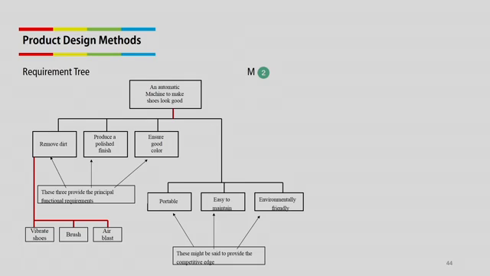Now, the sub functions, the first one, remove dirt, can be divided into further functions, like how to remove dirt. One is vibrate shoes, using brush, using air blast. So, this way you are finding out sub functions.